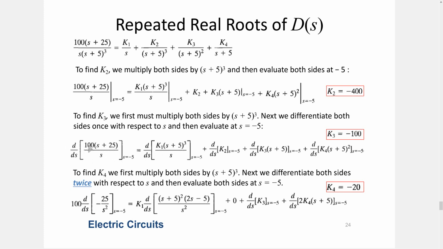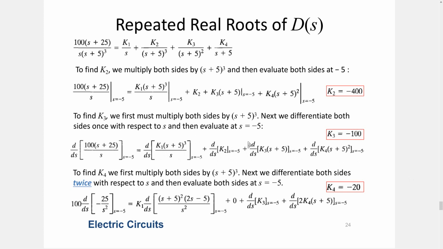So taking the derivative on both sides, d over ds of k1 times (s plus 5) to the 3 over s, plus d over ds of k2 over s, all of them computed at s equals minus 5. If you do this math, we will find k3 equals minus 100.